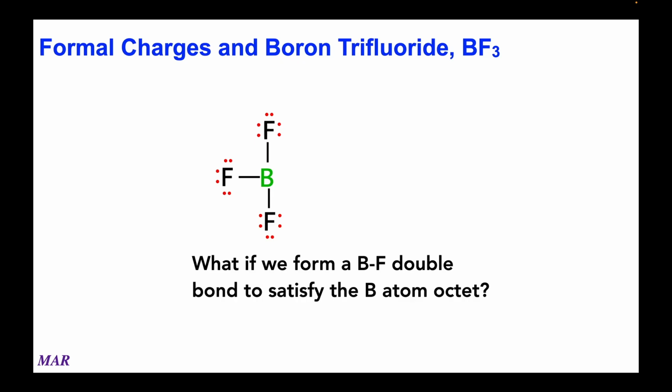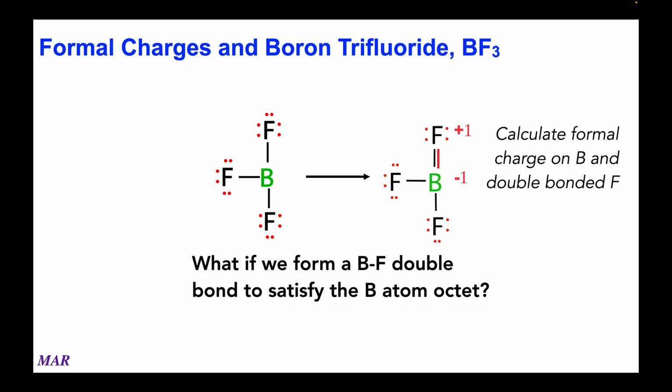So let's go back to boron trifluoride. Boron trifluoride, we listed it with 3 single bond fluorines. But in reality, we could have made a double bond to fluorine. All right, that would have given boron a double bond, and it would have been happy and have its octet. But oh wow, when you figure out the formal charges, fluorines with a single bond and 3 lone pairs are going to have a formal charge of 0.